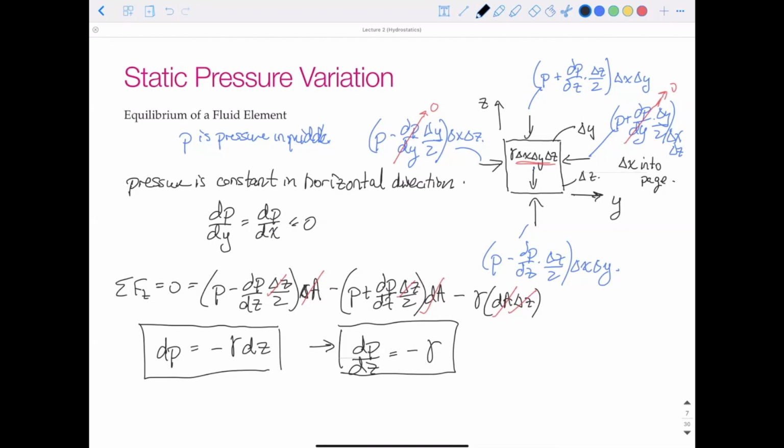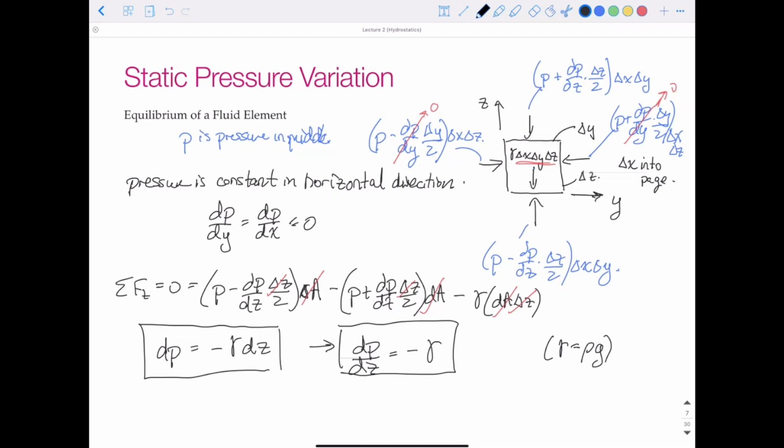So what does this mean? Well, remember what gamma means. Gamma is our specific weight, so gamma is equal to rho times g. So the rate of change of our pressure with respect to the z direction is equal to negative rho times g, or negative gamma.